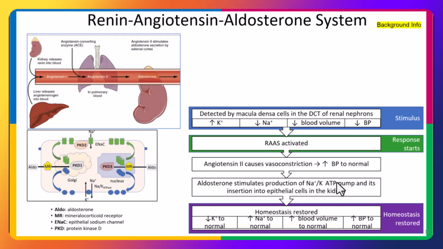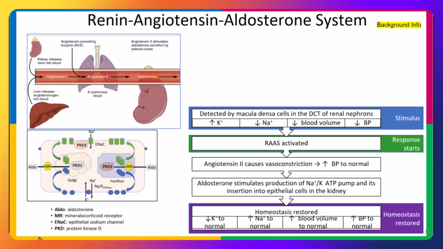In other words, the big thing is increasing the amount of sodium that we reabsorb into the blood, getting rid of excess potassium. This is a typical normal ratio. What this will do is increase blood volume because water will follow sodium into the blood, which will increase blood pressure. And in case you're wondering, the reason there's a reduction in potassium when we have an increase in sodium reabsorption is to maintain the appropriate electrical gradient.